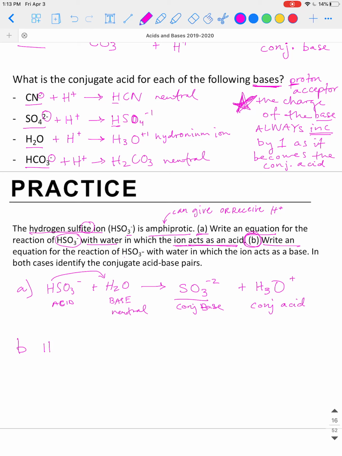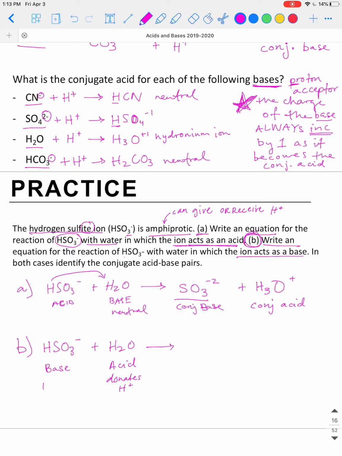It says write an equation for the reaction of HSO3- with water. Same reactants, so let's go ahead and write those out. HSO3- with water. But this time we want the ion to act as the base. So let's label the ion as the base, and water is the acid. Now what products are we going to get?